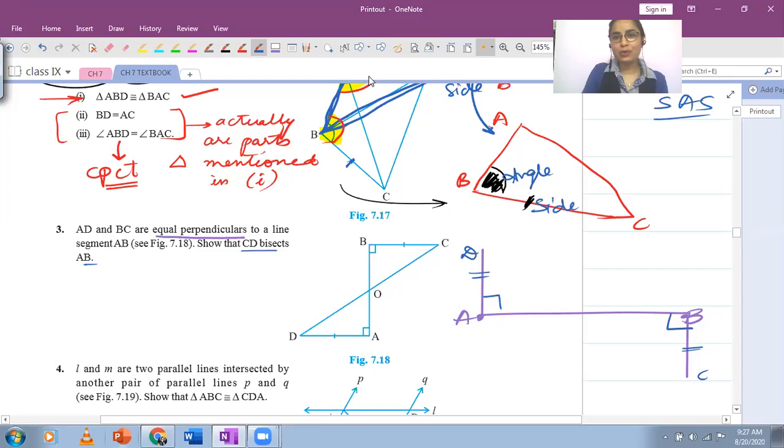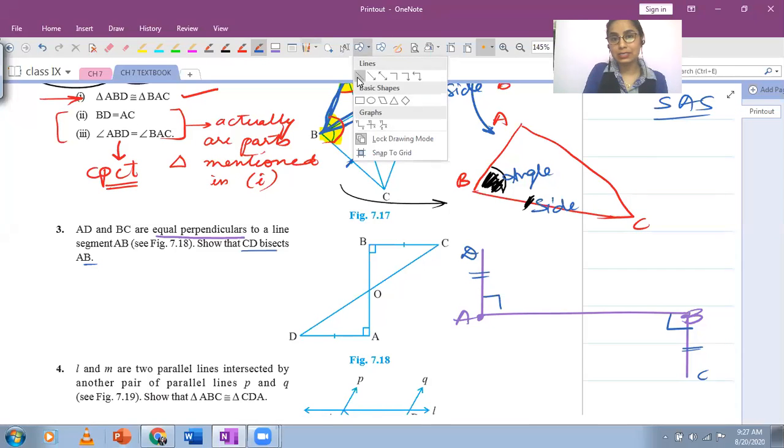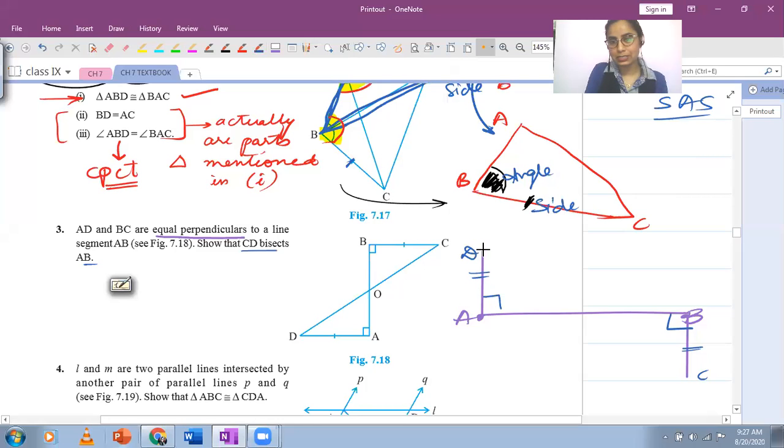So right now, what we have is we want to prove that the line segment CD, so let's just draw the line segment CD, bisects AB. So the intersection point can be indicated as O. We want to prove that this oblique line segment has bisected the horizontal line segment, the one we started with.